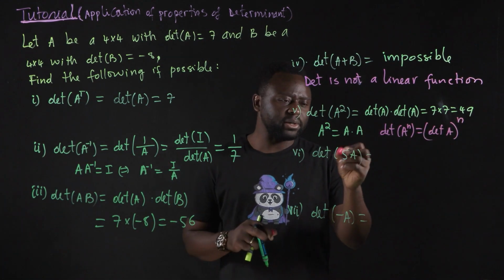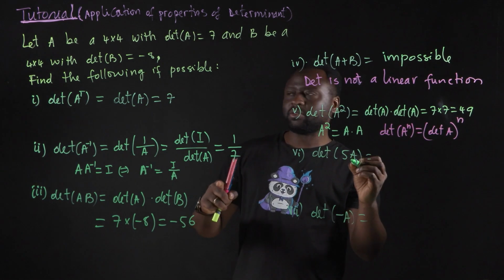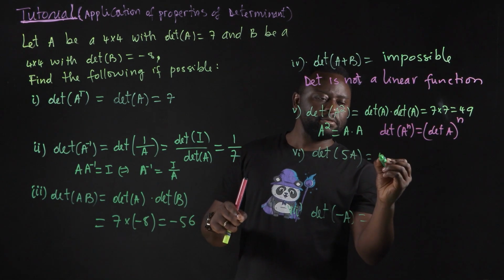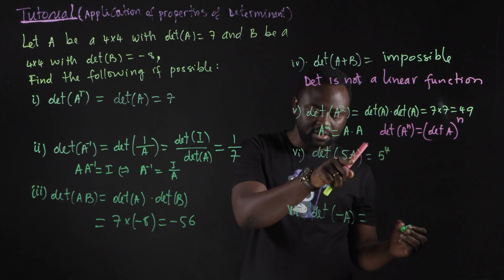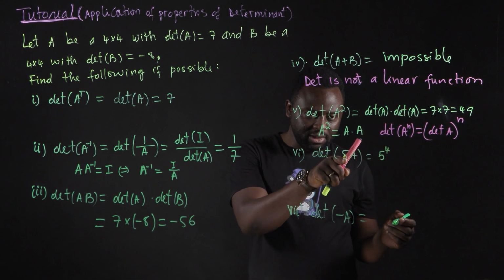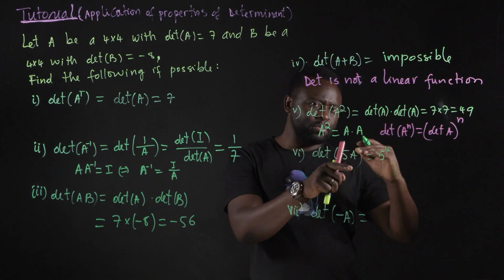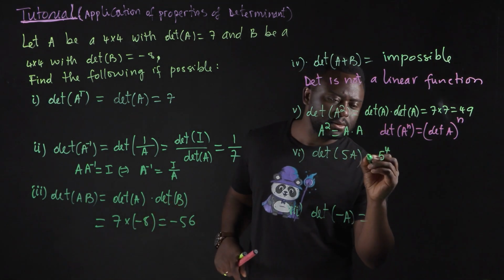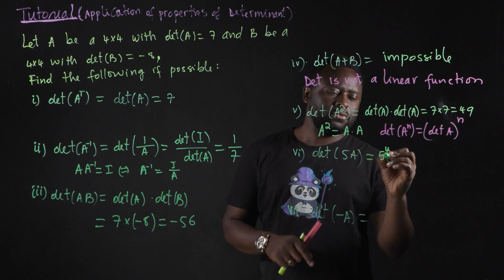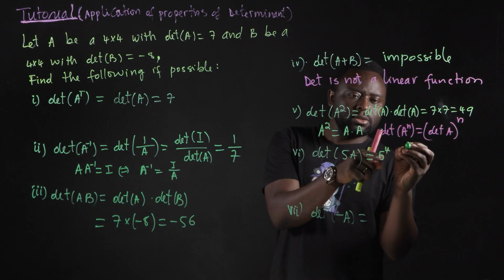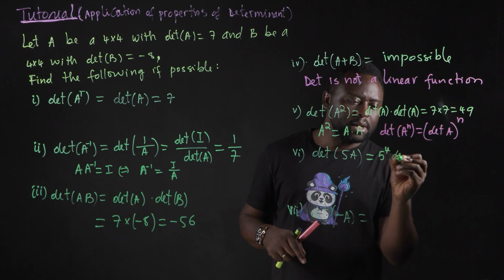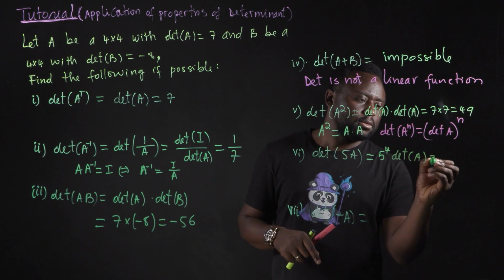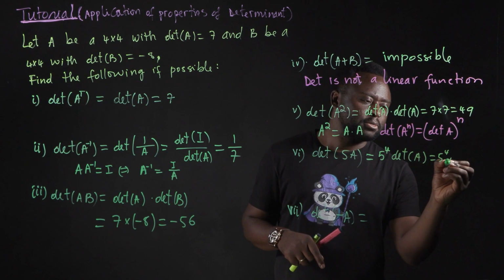Now, how about this one? The dimension of A is 4, so this is 5 to the power 4 because of the dimension of A, right? Because if you multiply by 5, it means that 5 multiplies each row. So this is 5 to the dimension, which is 4, times the determinant of A. So this is 5 to the power 4 times 7.